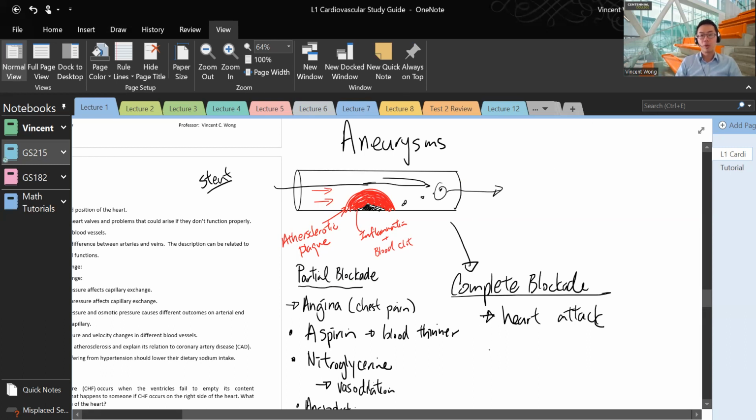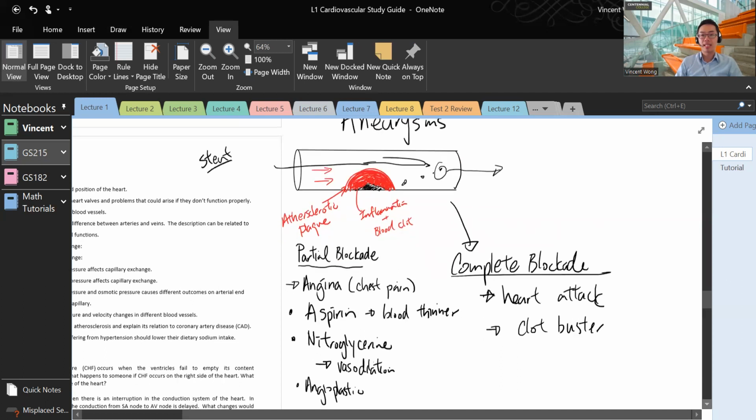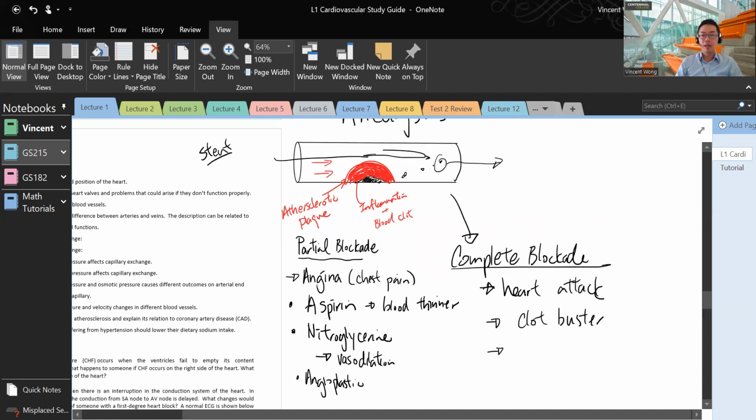Hopefully you get there quick enough, and they will give you something called a clot buster. There are various drugs that will go to the clot and dissolve it, and restore the blood flow. If you do it quick enough, then you would minimize the damage. And afterwards they might suggest a coronary bypass. So there you go.